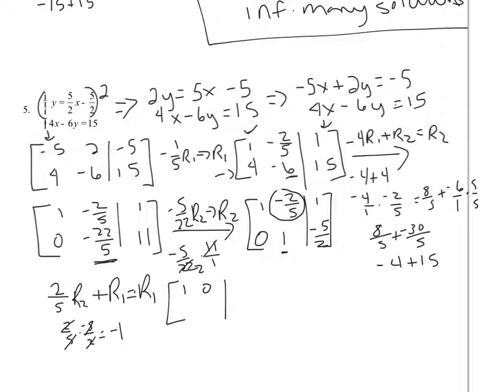But that still has to be added to the element that we have in row 1, which is a positive 1. And negative 1 plus 1 is 0. Bottom row is 0, 1, negative 5 halves. And we have our solution. It's the ordered pair 0, negative 5 halves.